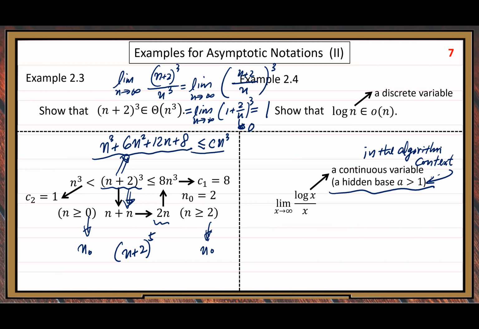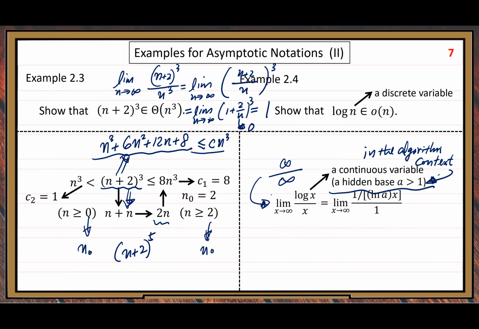we have this. In the usual math context we may not have this, but in our algorithm context, we can safely make this assumption. So then apply L'Hopital's rule. Why can we apply it? Because we have an infinity over infinity indeterminate form. In your mind, you need to check this.